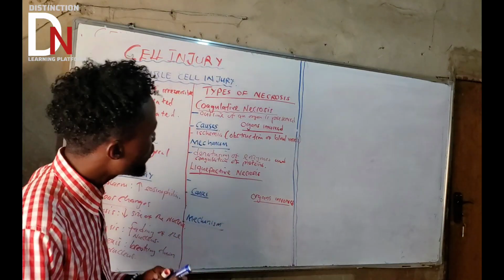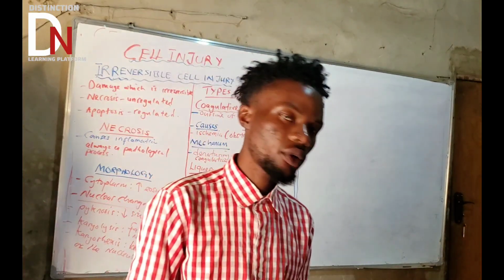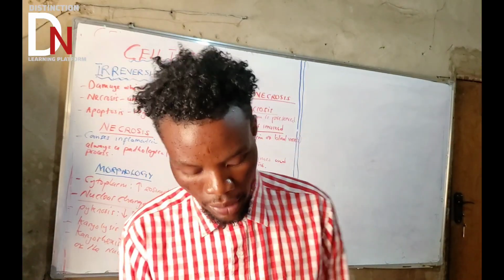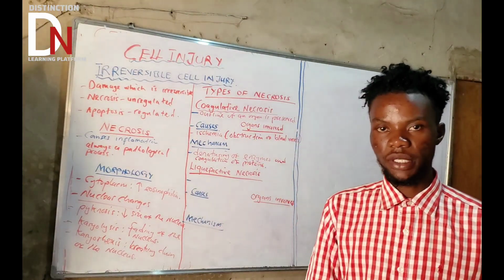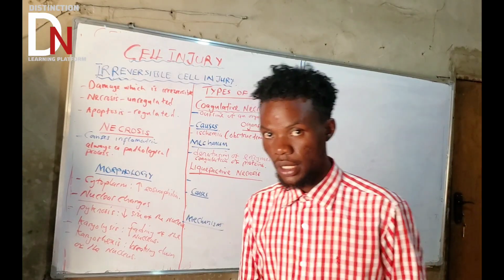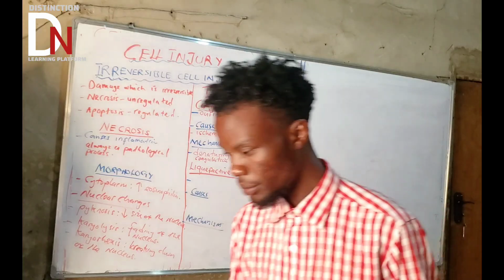If there is coagulation of proteins and enzymes inside the cell, or basically of an organ, then the outline is going to be preserved for at least a few days. That's the reason why there is that preservation.